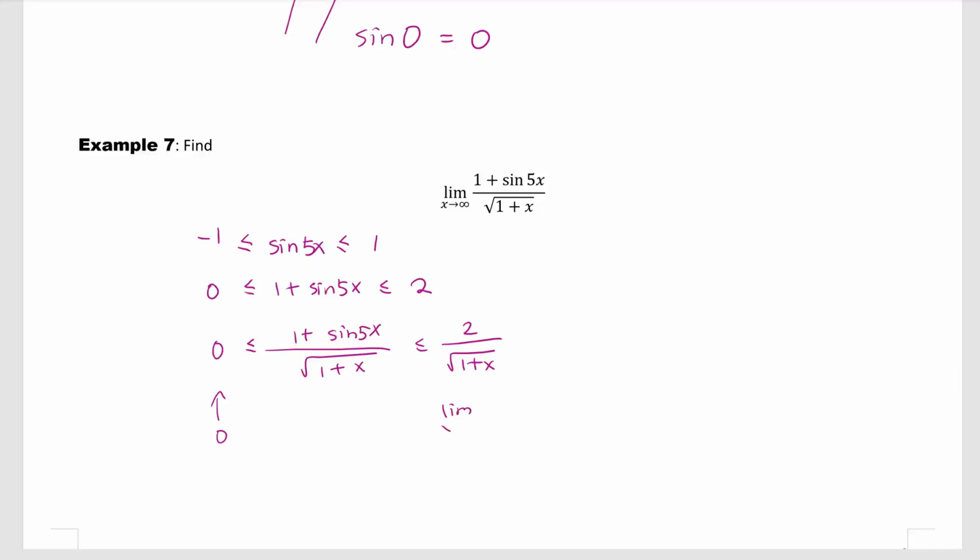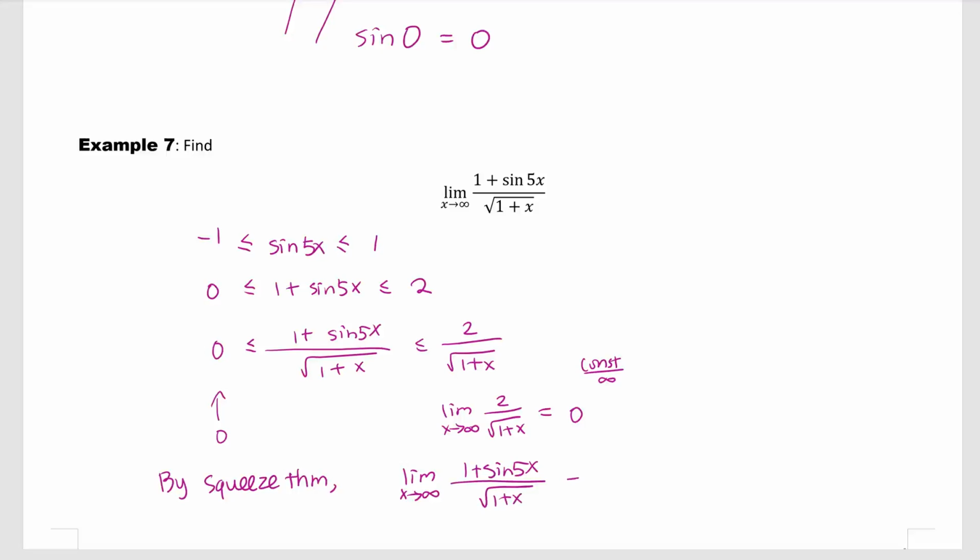On the right side, the limit as x goes to infinity is a constant over something going to infinity, so it's 0. Nice. The left side is always 0, and the right side has limit getting close to 0. Then by the squeeze theorem, the limit of the middle guy is also 0. So this is the complete proof.